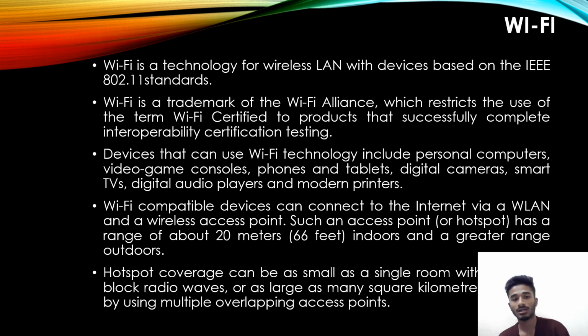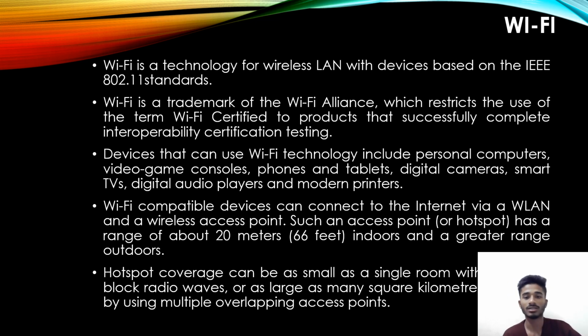Devices that can use Wi-Fi technology include personal computers, video game consoles, phones, tablets, digital cameras, smart TVs, digital audio players, and modern printers. Wi-Fi is even used in medical fields such as MRI scans and CT scans.